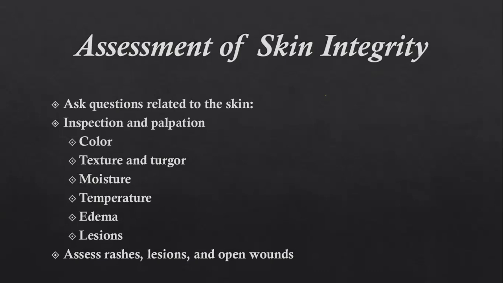Why do we get concerned about edema? If your leg gets so big and so edematous, blood flow. What else can happen if you start having a lot of edema in your extremities? Tissue death.